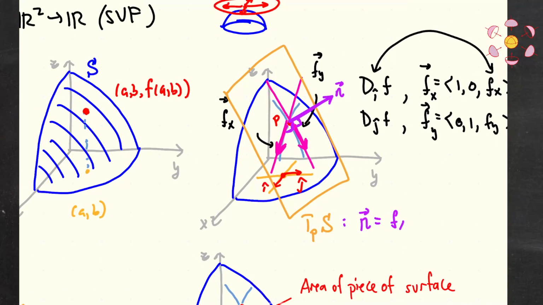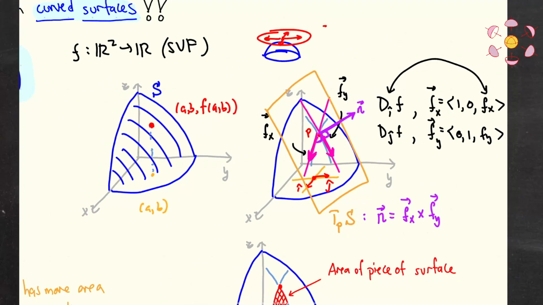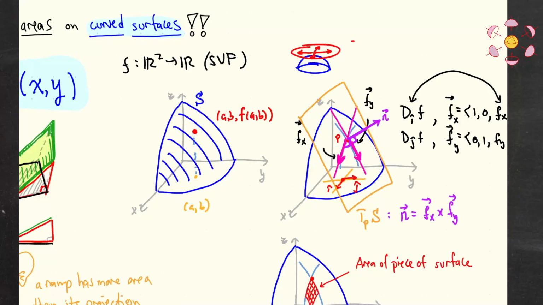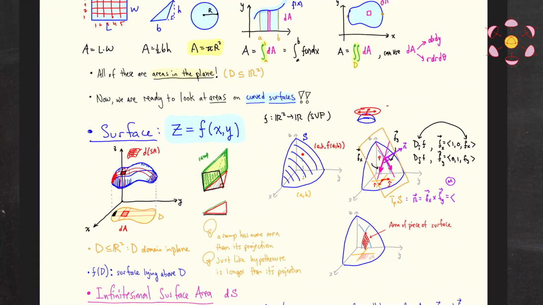So we've got fx arrow cross fy arrow. If you remember the calculation, I told you, you should memorize this. It'll come up, and here is one of the times we're going to see it come up. So you should pause the video and come up with the formula on your own real quick. But I will push on here.